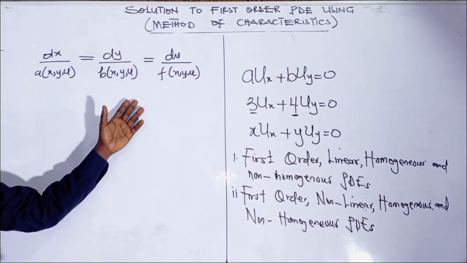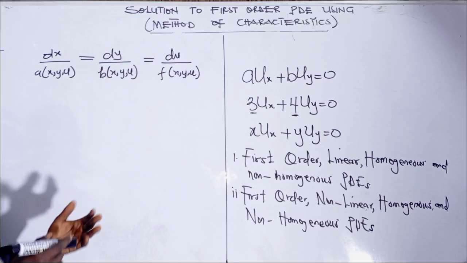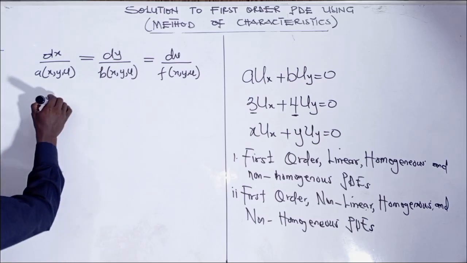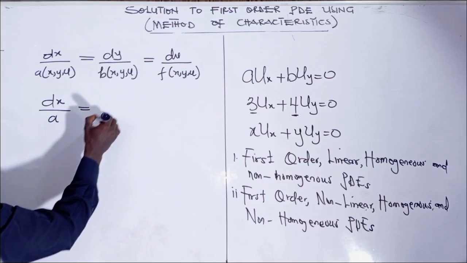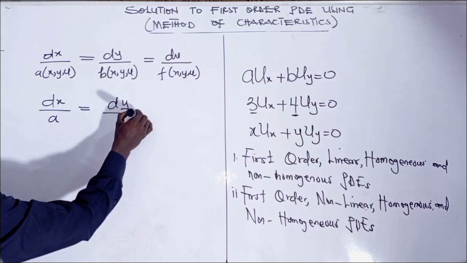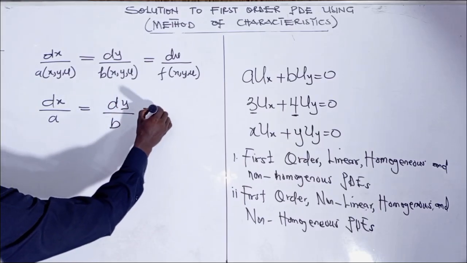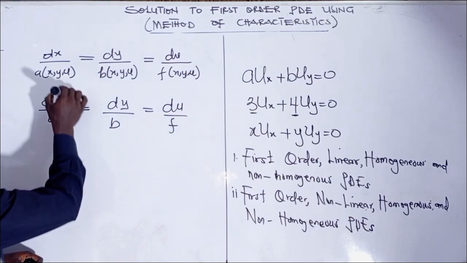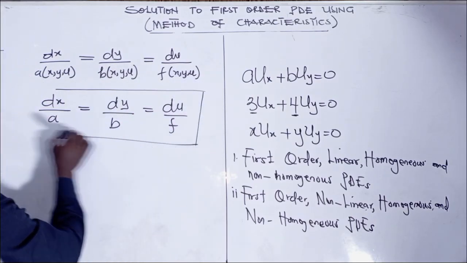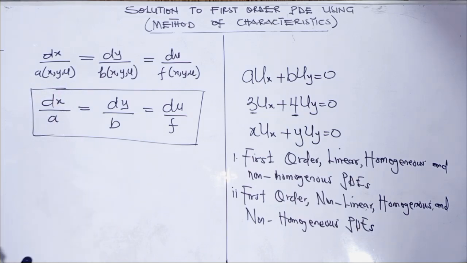Now we can simplify this. We can make it smaller and cute and write it as dx over a is equal to dy over b is equal to du over f. Very, very easy. So this is the method of characteristics that we are talking about.